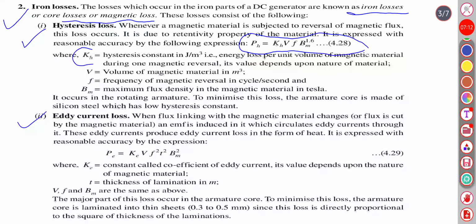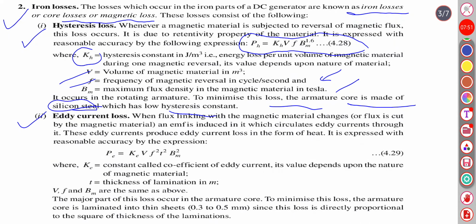K_h is the hysteresis constant, V is the volume of magnetic material, f is the frequency of magnetic reversal, and B_m is the maximum flux density in the magnetic material. It occurs in the rotating machine. To minimize this loss, the armature core is made of silicon steel, which has a low hysteresis constant.